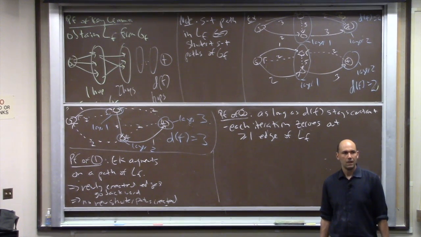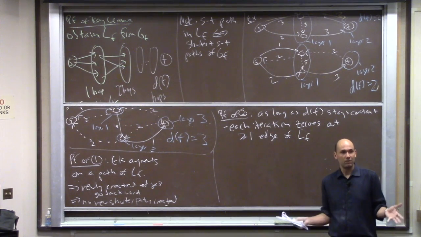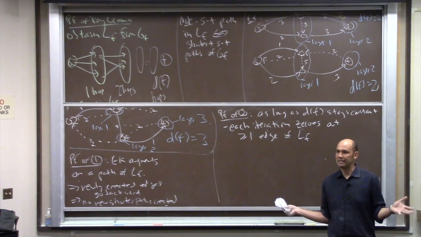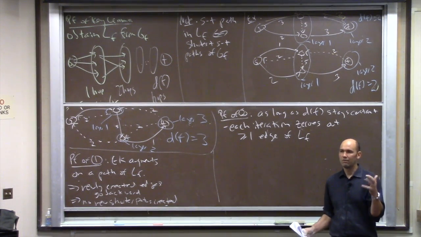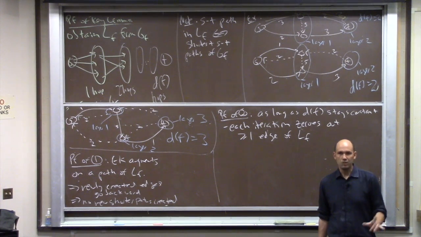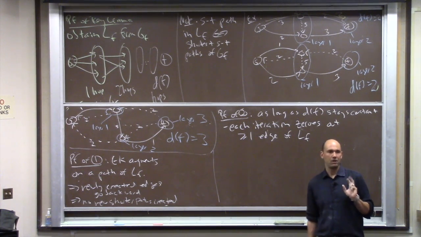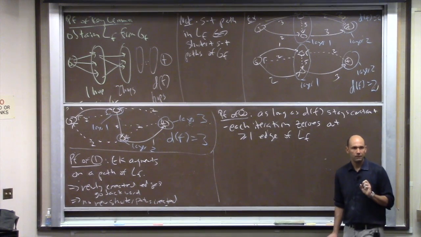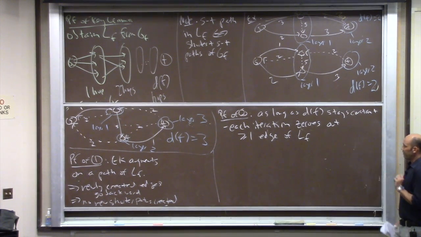And so that means whatever edge on this path has the minimum residual capacity is going to get knocked out of the residual graph. Because we'll totally saturate it, or if it's a reverse arc, we'll totally zero it out, and it'll disappear. So at least one edge, the bottleneck edge of a path, disappears every time we do an augmentation. So that's the first point.